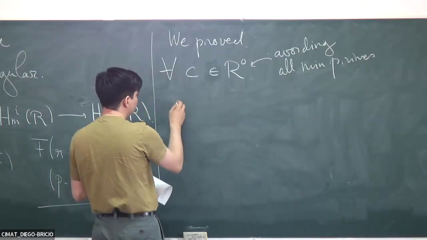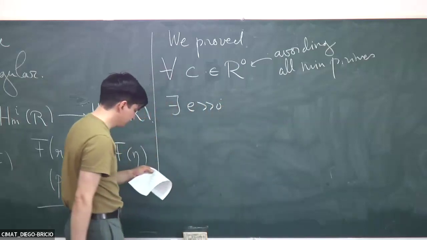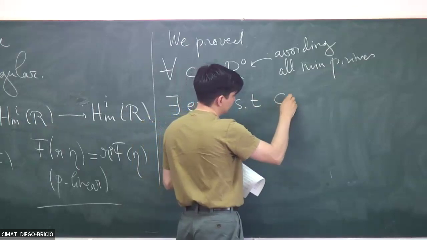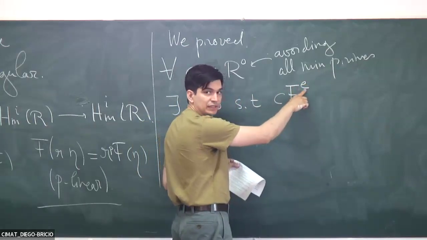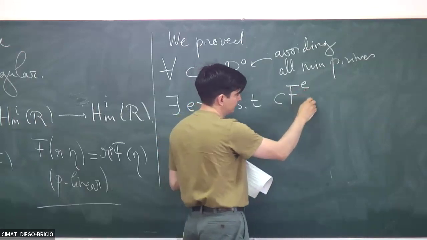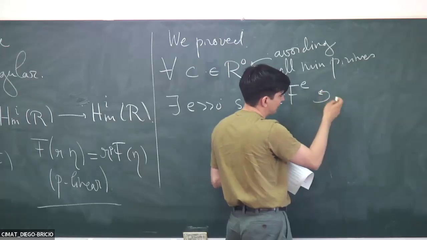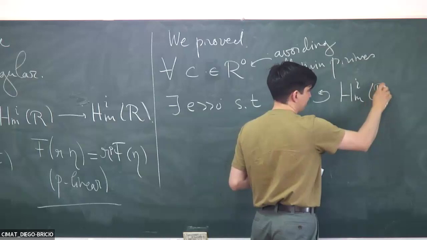So we proved that for all such c, there exists e sufficiently large such that the map given by iterating e times and multiplying by c, this is an additive endomorphism of this guy, right?